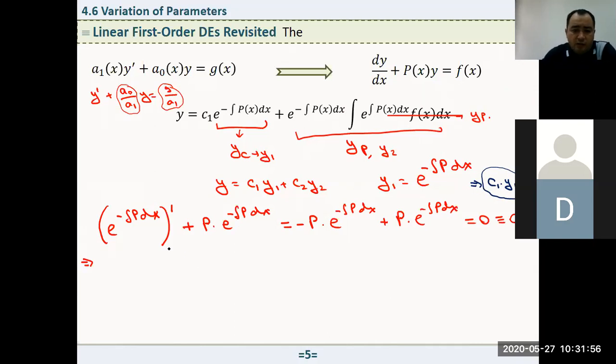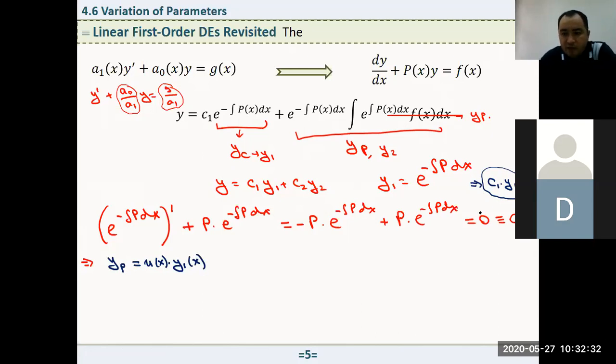So now we will look for, let's say, this C sub 2, that is our particular solution. Let me just write particular solution equals. And how about instead of the C1, if it is some kind of function like this, u of x times y sub 1 of x.